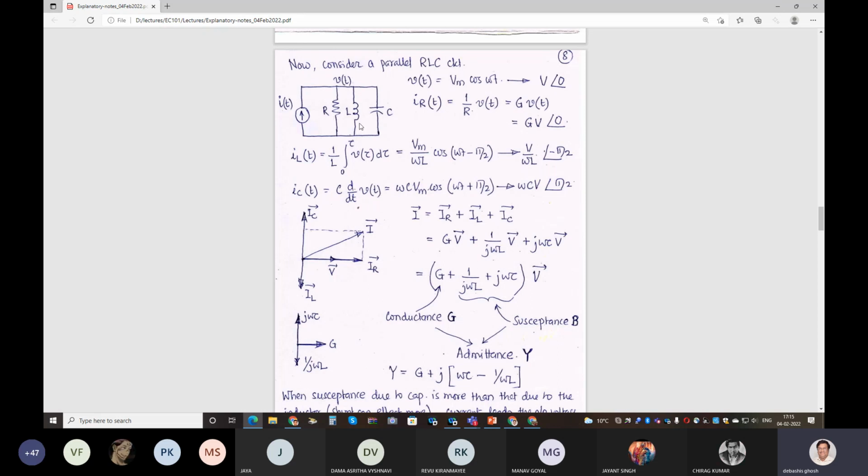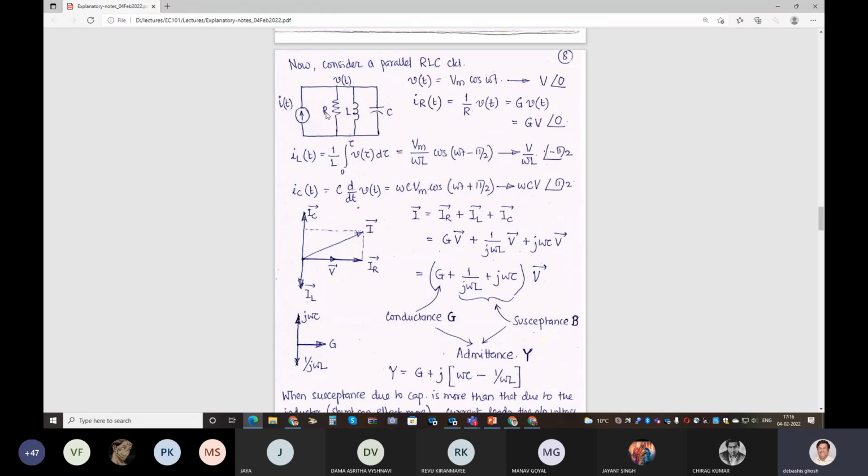You can see that IRT is equal to 1 by R times VT. Similarly, you have ILT and ICT. These three currents should add up to give your IT. IT is fixed, so the sum of the three currents is equal to your constant IT.